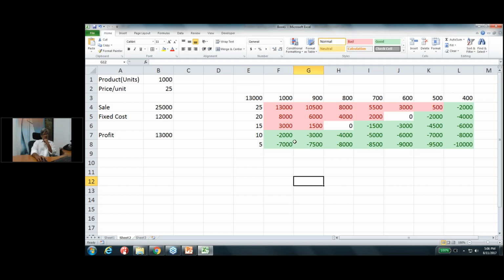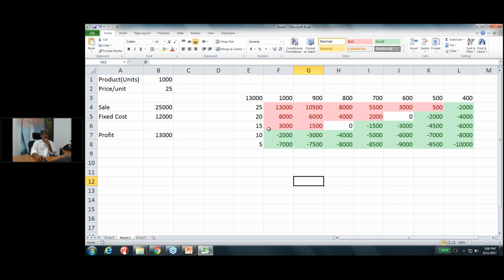If you look at this right from here, the pink shaded part is profitability, and all the greenish part is the losses. So if you go for the break even, you have two options available, either 15 or 20 with 800 or 600. And if you go for profitability, then you have these options available.